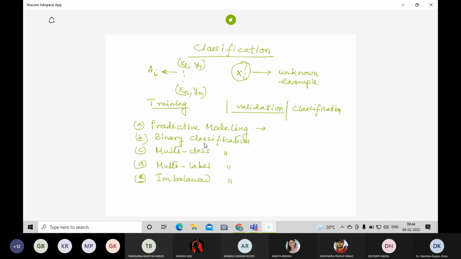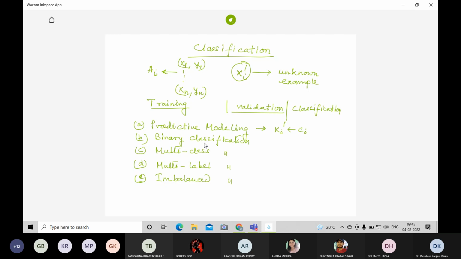Then we use the unknown example, and after predicting the class label, we can put the class label on this unknown example.